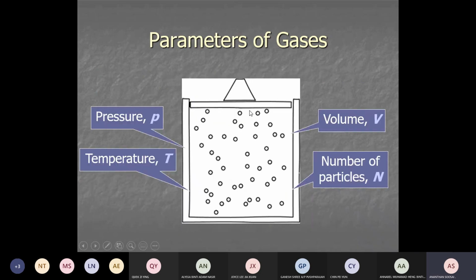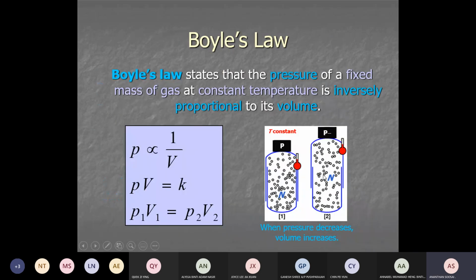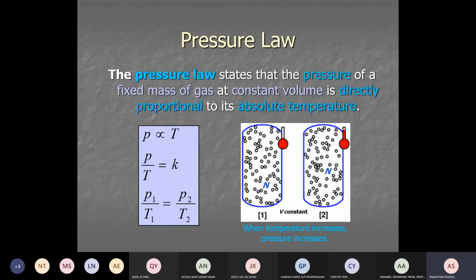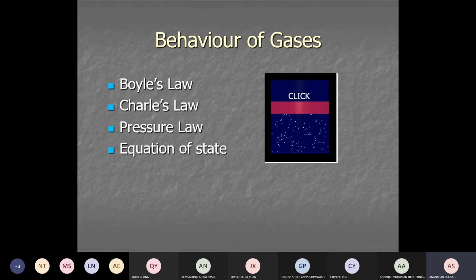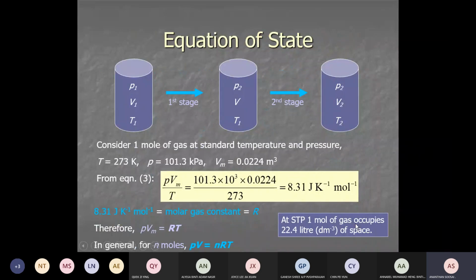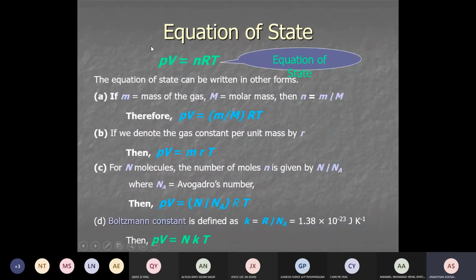So we got to know Boyle's formula, Charles's formula, and the pressure formula combined. End up getting these two: PV over T is constant. Then PV equals nRT and PV equals NkT are formed.